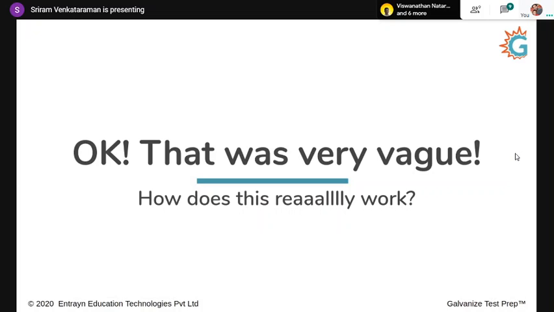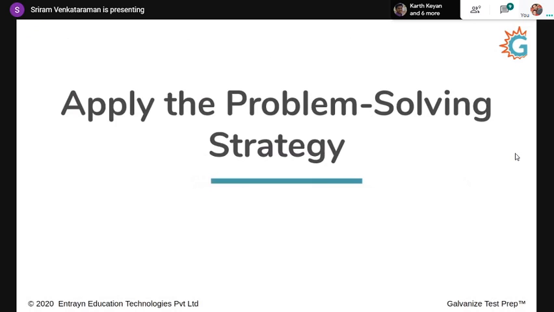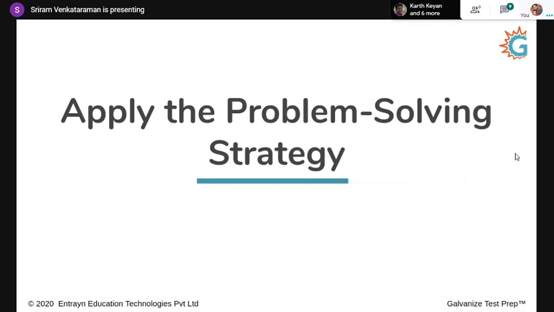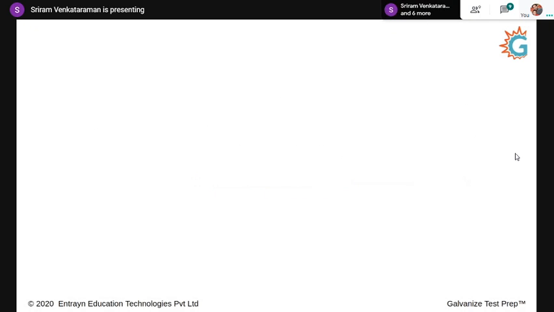The idea is to figure out how you look at each of those steps and understand the value of those steps so that you can ensure you do that when you solve the problem. What do I mean by that? Let's try to apply the problem solving strategy. Let's take a problem and apply the strategy.